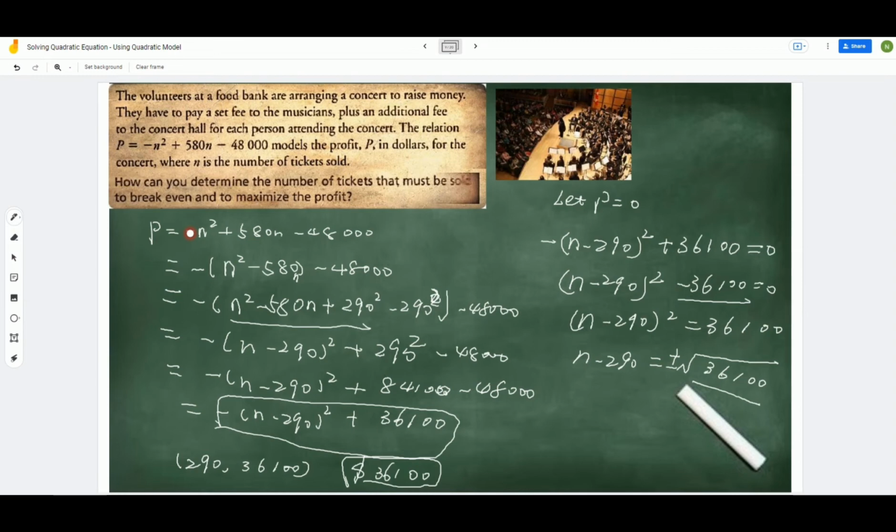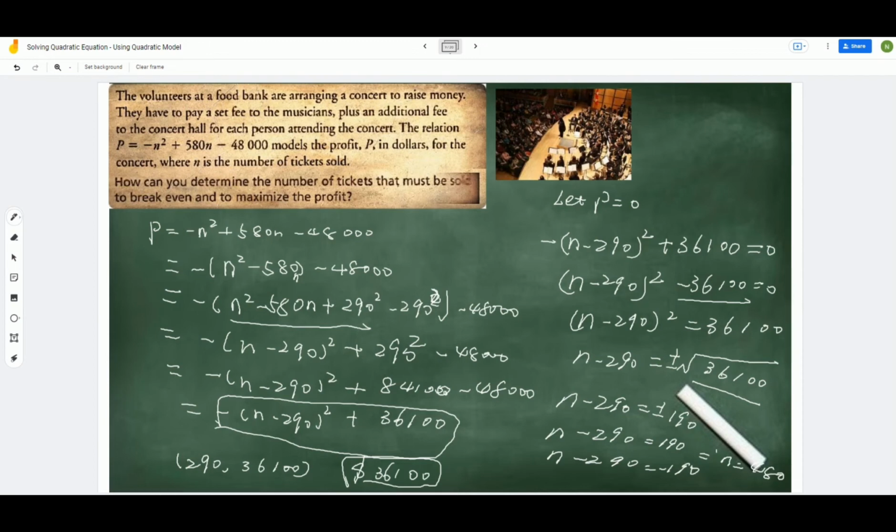I used the calculator already, and that is 190. So n minus 290 equals positive or negative 190. Either n minus 290 equals 190, or n minus 290 equals negative 190. So n equals 480, or n equals 100.